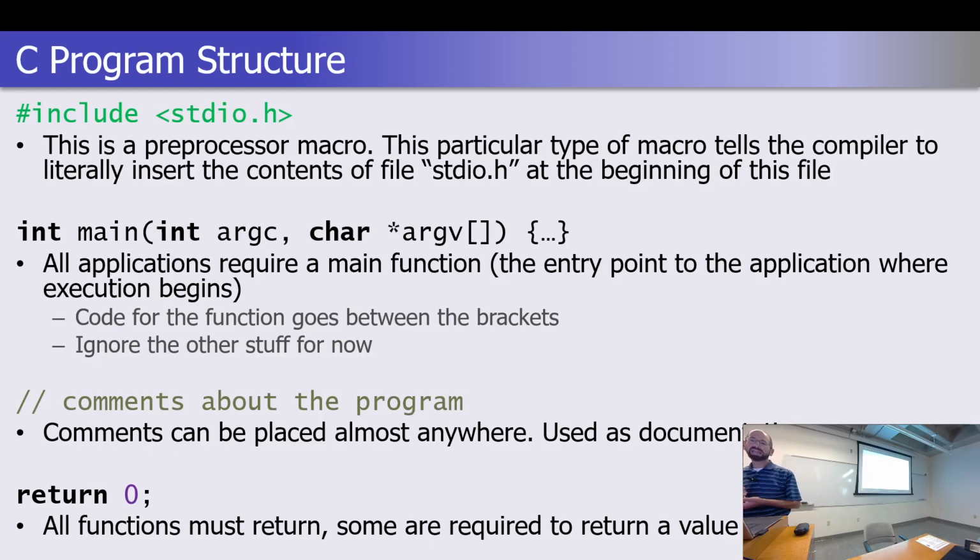Next, we have a declaration of a function called main. This is part of the specification of the language that you need to have a so-called entry point for your program. You need to have a place where I know my code is starting. Here's the first thing that's going to get executed when my program runs.